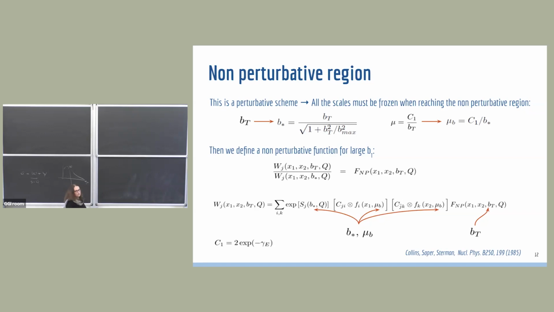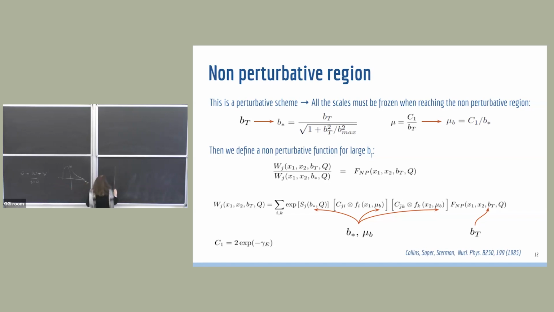When bT grows, this b* settles to some maximum value. And this is crucial. Because it requires some previous knowledge, you have somehow to know or to guess what is the maximum value of bT where you have to stop, because the perturbative expansion doesn't work anymore.